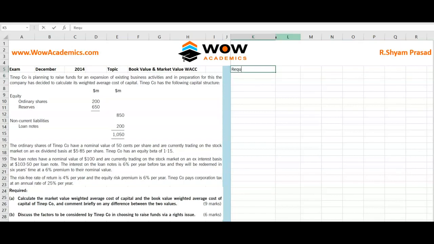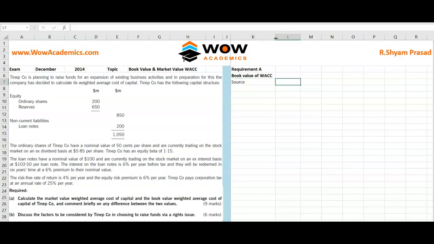So we'll start. It's going to be requirement A, and we are going to find out the book value of WACC. For solving this, we have to create a table.